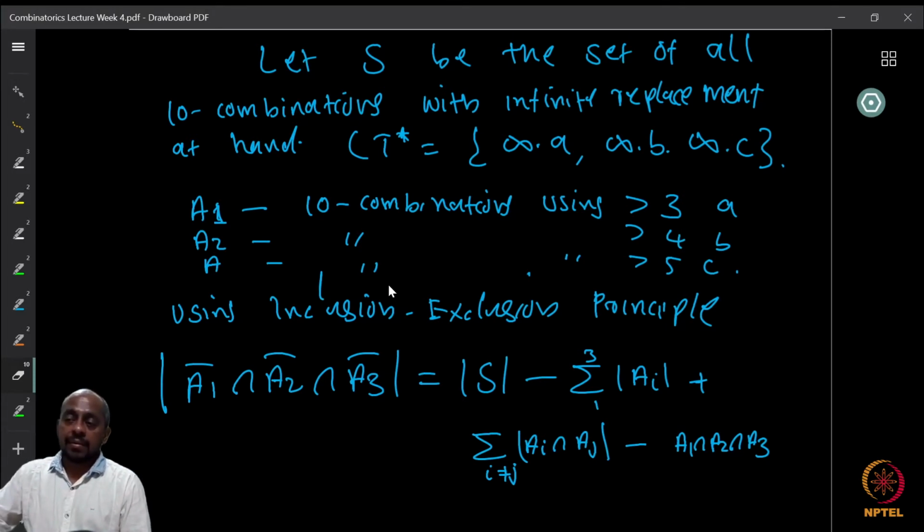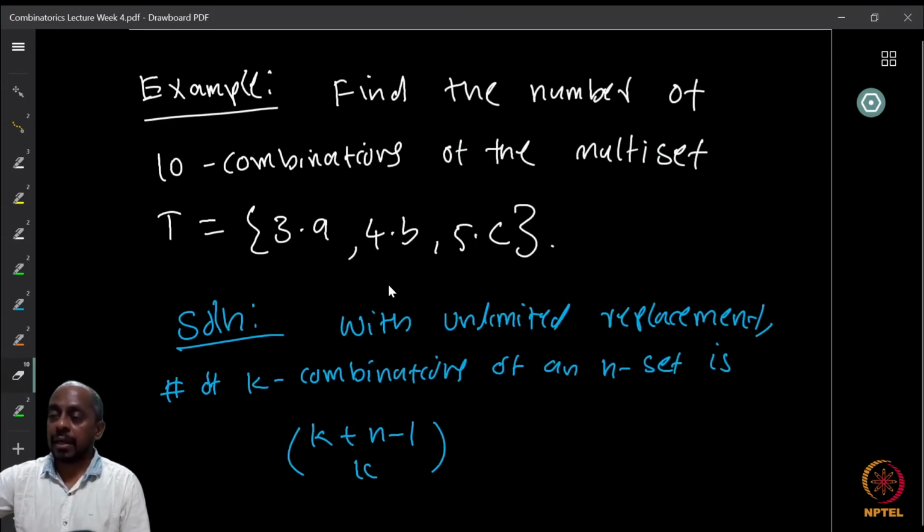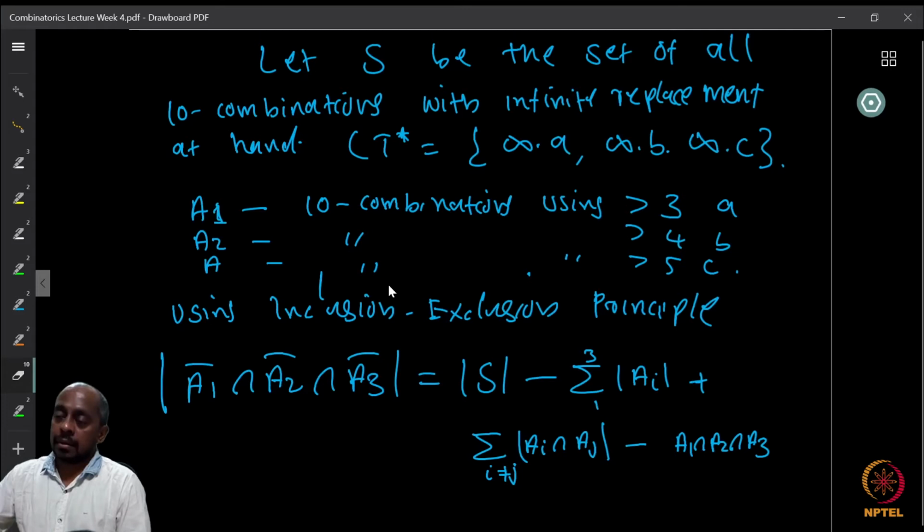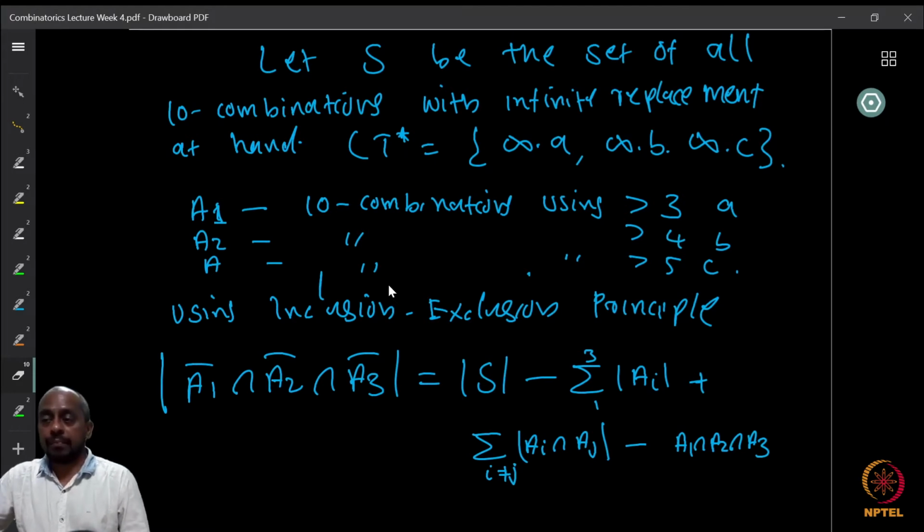Then, as in a typical application of inclusion and exclusion, we define A1 to be those combinations in S which use strictly more than 3 copies of A. We are only allowed to use at most 3, so the combinations that use more than 3 are the bad ones we want to avoid.